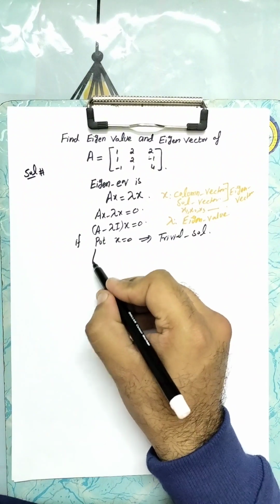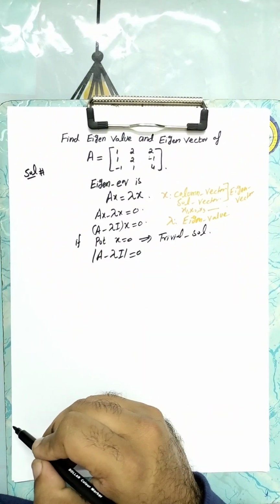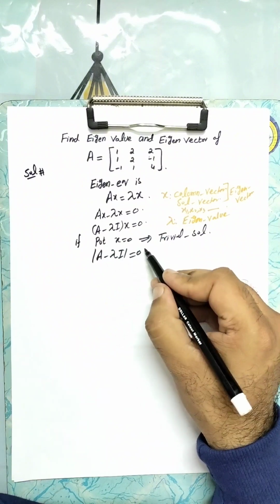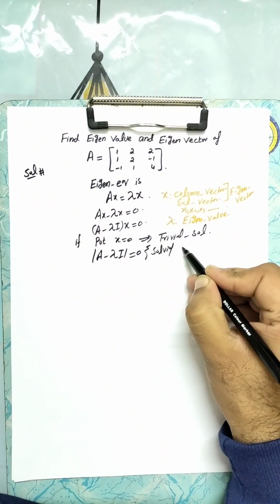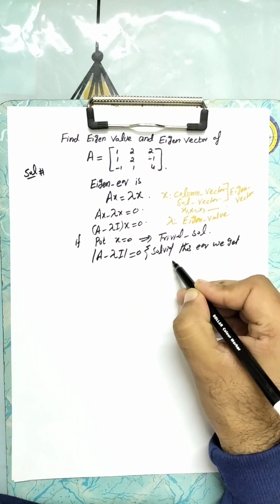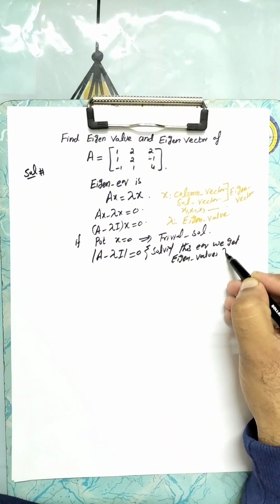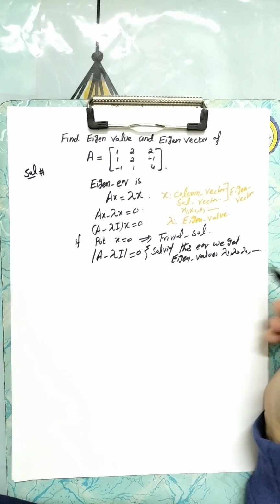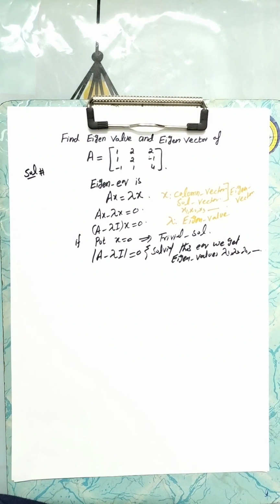So we put the determinant of A minus lambda I equal to 0. Solving this equation, we get the eigenvalues, say lambda 1, lambda 2, lambda 3 and so on, which are the different eigenvalues.